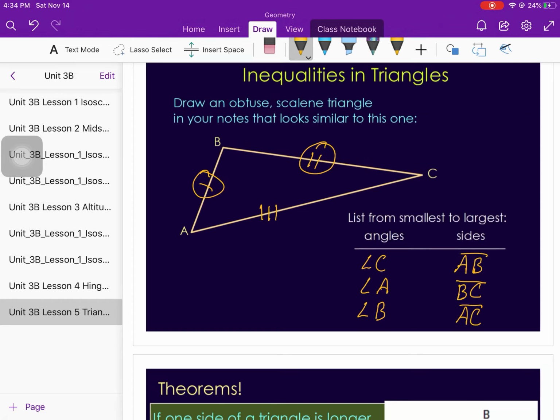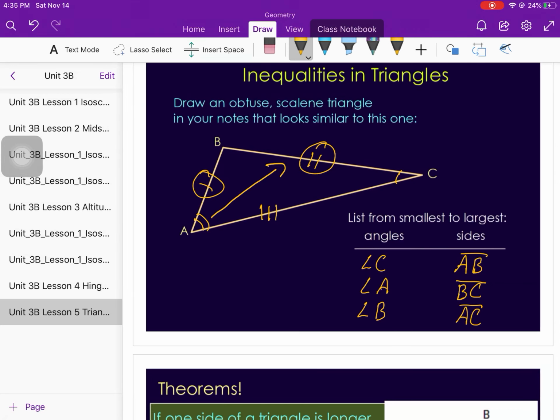Now take note, look at the angles that are across from their corresponding sides in this list. So across from angle C, we have side AB. Angle C was the smallest angle, and it was across from the smallest side. Then we look at angle A, which was the second smallest angle, also across from the second smallest side.